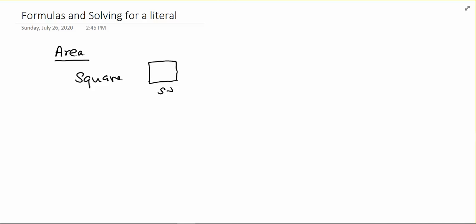And S, let's say, is the length from there to there, and this would also be the length from there to there because it's a square with four equal sides. So the area of this, and sometimes we just say A for area, is equal to length times width, and that is S times S, or S squared.